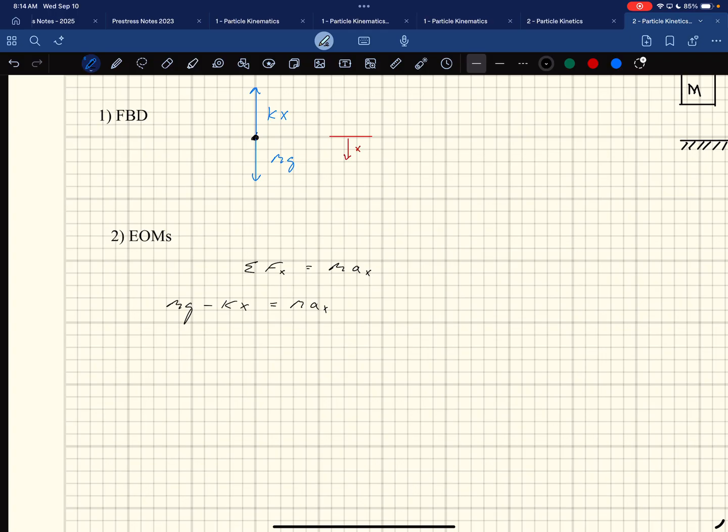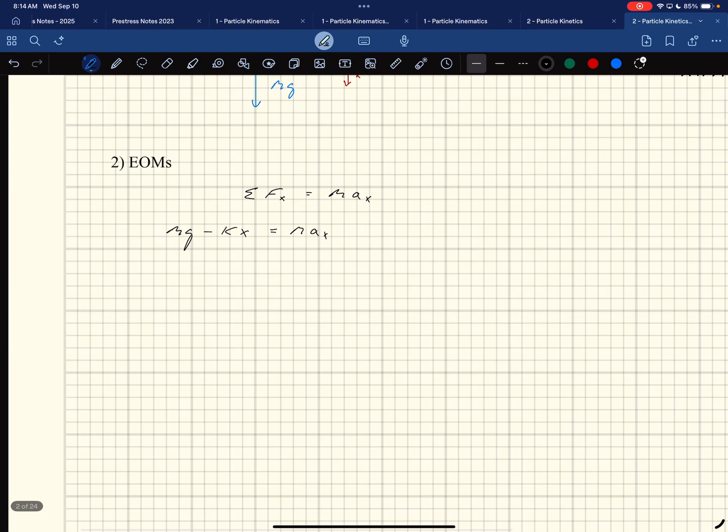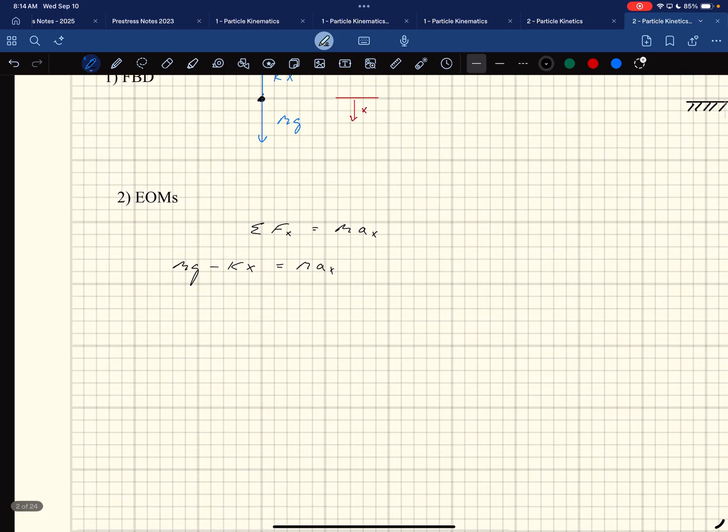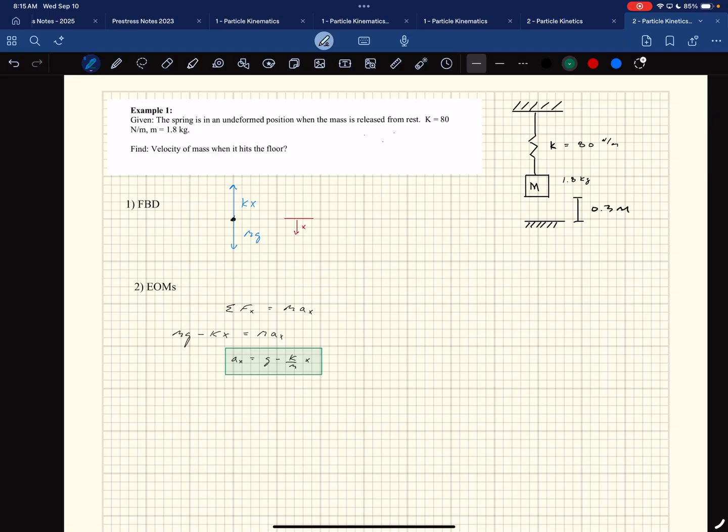At this point, what I'm after is acceleration as a function of x. I gotta get to velocities. So I just, via algebra, solve for a_x. a_x is equal to g minus k over m times x. So there is my acceleration equation.